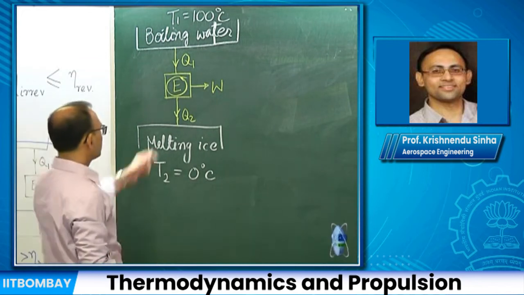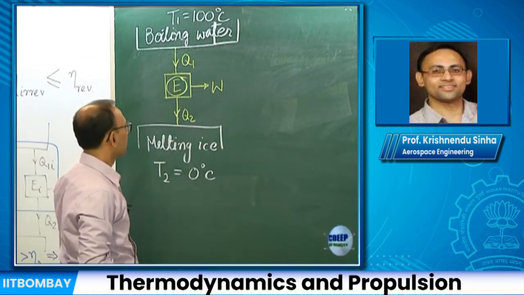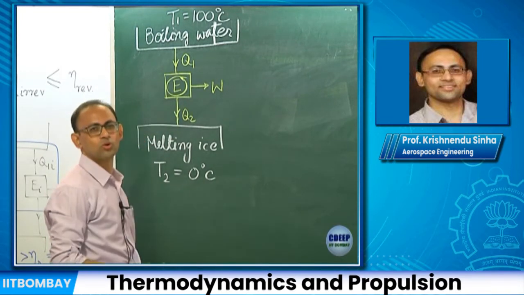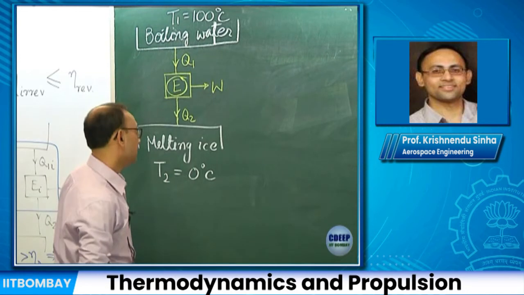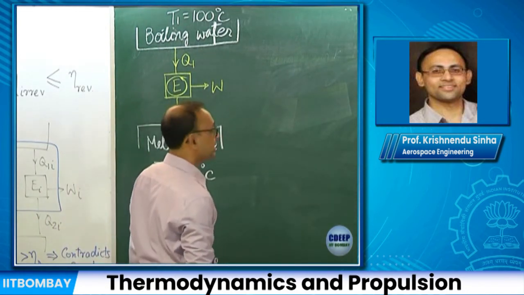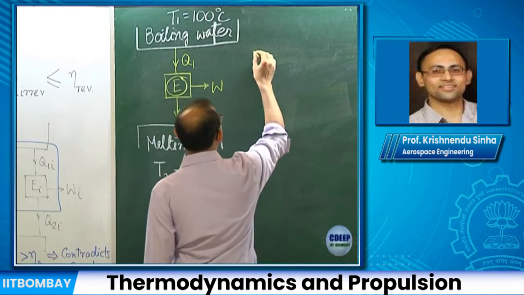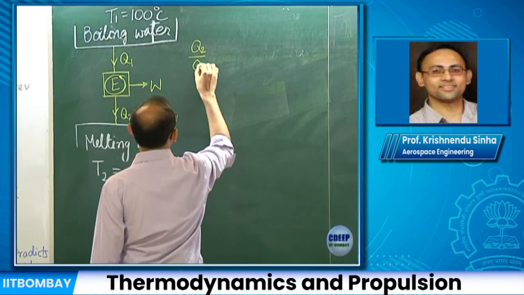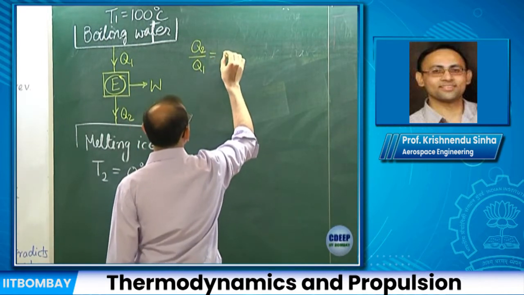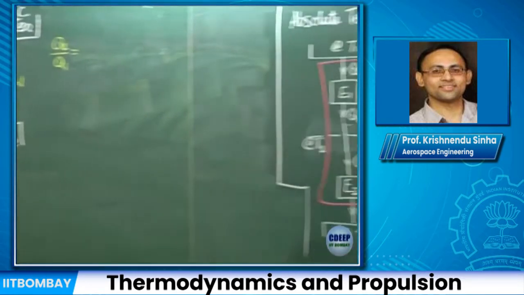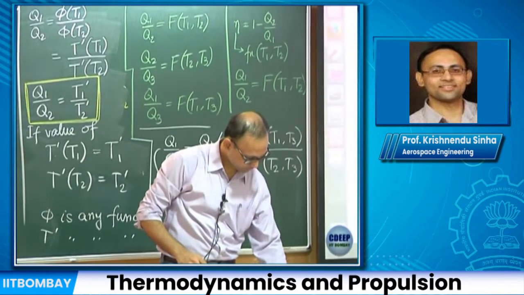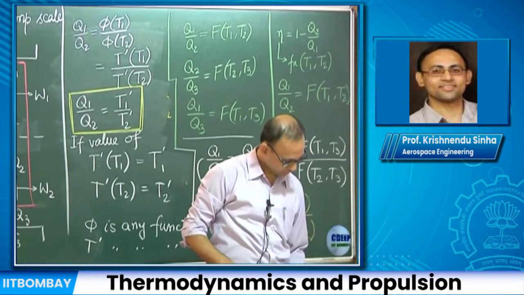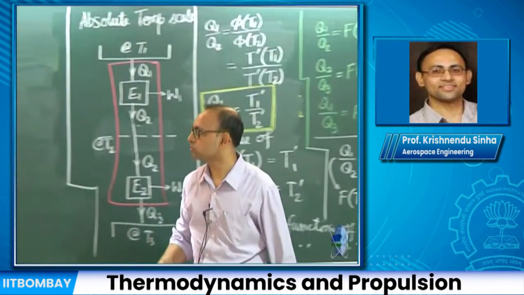If you are able to measure the heat input and the work output, and take a difference and get Q2, and people have done it in some very sophisticated ways, what you get is Q2 over Q1 equal to a numerical value that you can measure, 0.732.